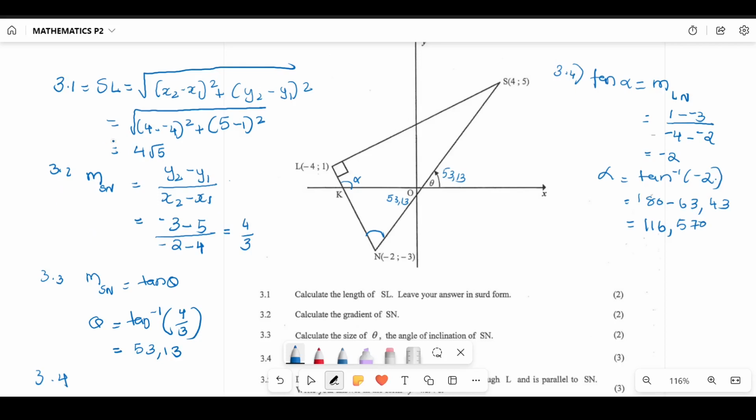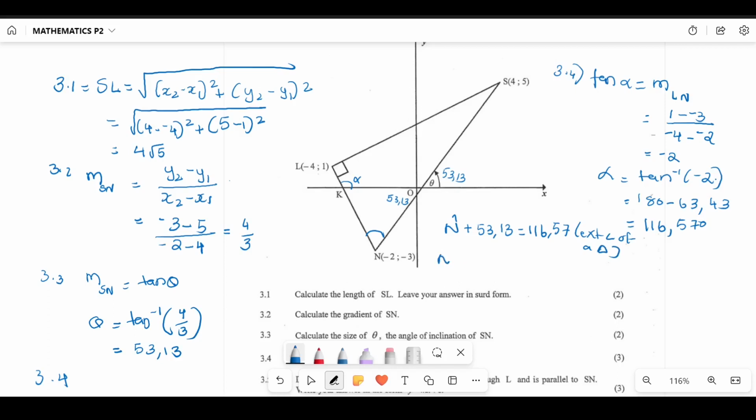So we go to this angle N also now. 116,57 is an exterior angle of this triangle. So this angle N plus 53,13 must give you 116,57, because that is an exterior angle of a triangle.